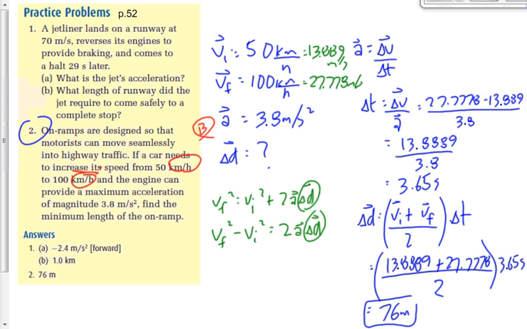I gave you a big hint there. How are we going to get rid of the 2 times A? Yep. Divide it. Do the opposite, right? So it becomes VF squared minus VI squared over 2 times A equals delta D.